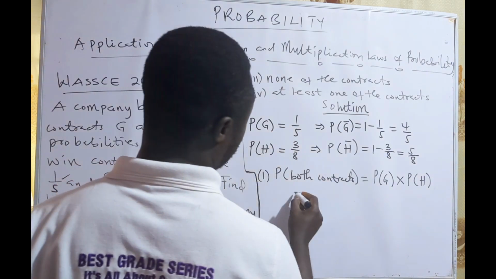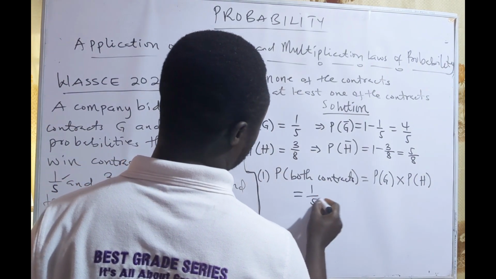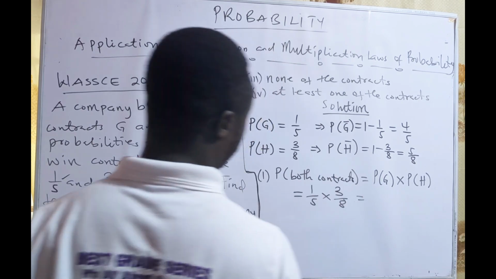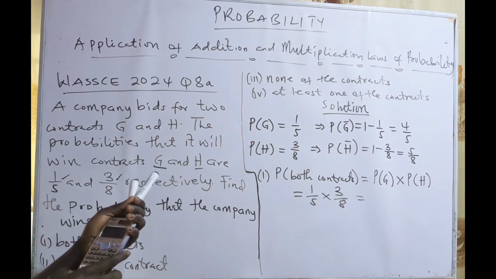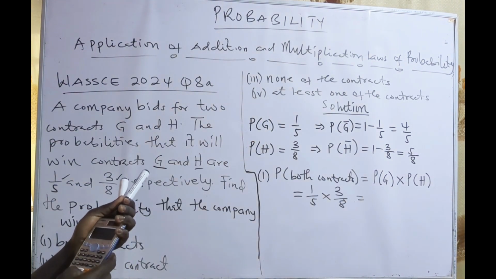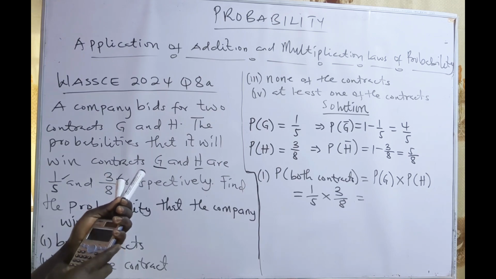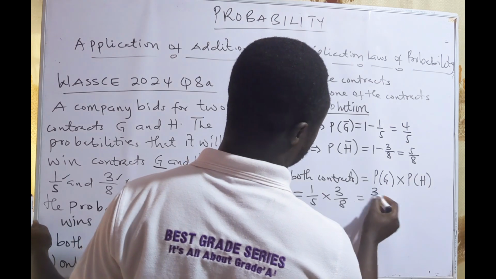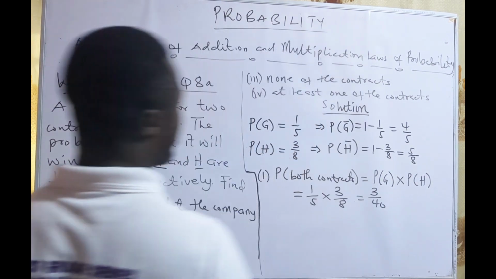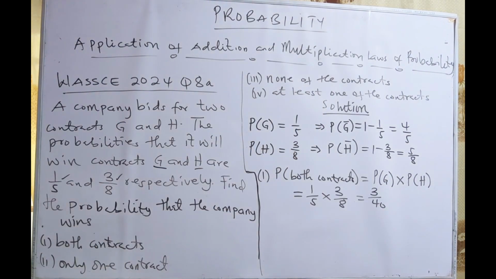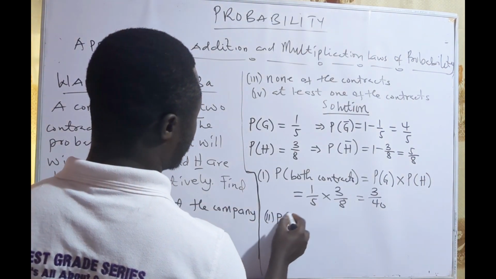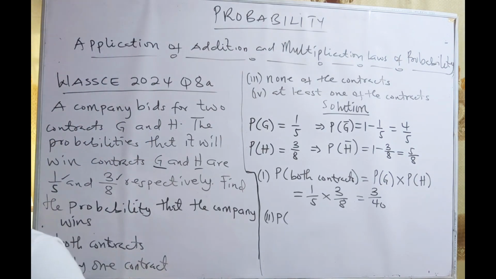That is 1/5, times winning H, 3/8. So 1/5 times 3/8, and you get 3/40. So the probability that the company wins both contracts is 3/40.